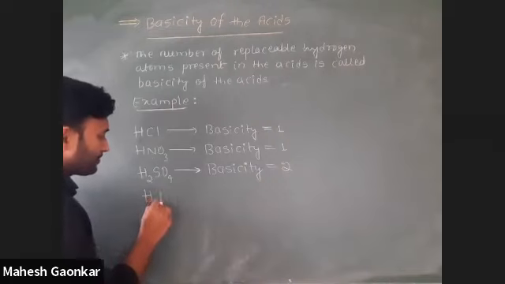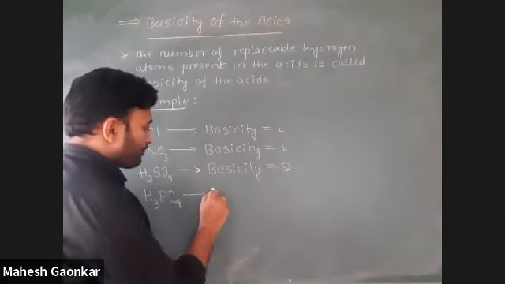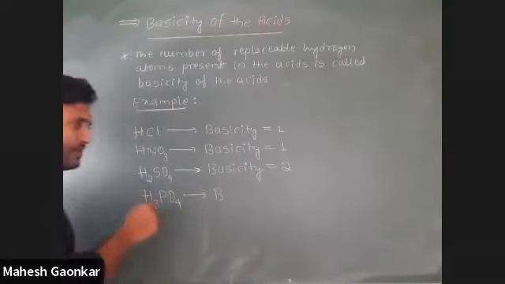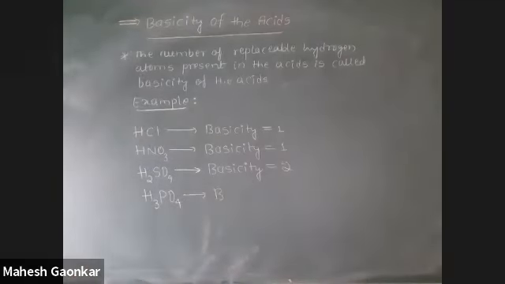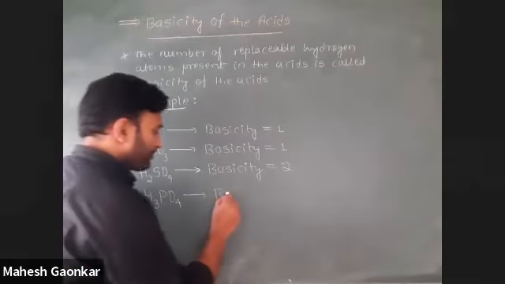Phosphoric acid, H3PO4, has three replaceable hydrogen atoms. Therefore, its basicity is 3.